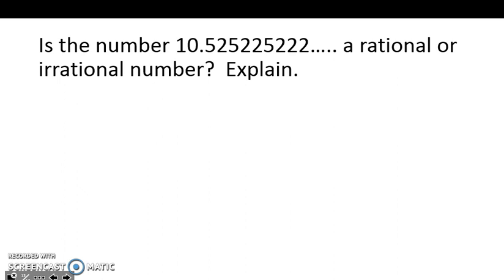Is there a set of numbers that I could write with a bar over top of it? Now this one's tricky because it repeats the same numbers, but each time it's adding another 2. So it's not technically repeating the exact same block over and over again. It's adding a 2 every single time.